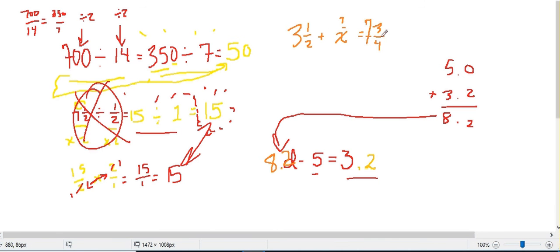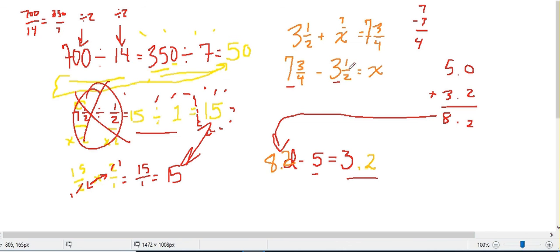I take the sum, I subtract one of the addends, which is the one we know. It should give me that question mark, that x. And we can check it later by plugging it back in. Subtract your whole numbers first. 7 minus 3 is 4.